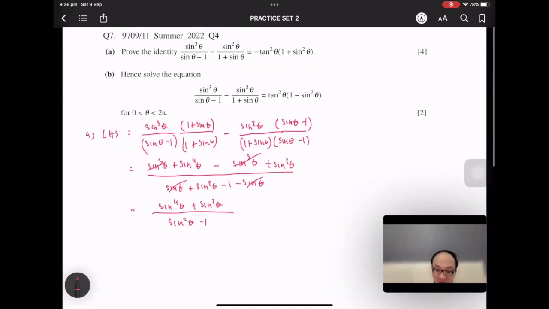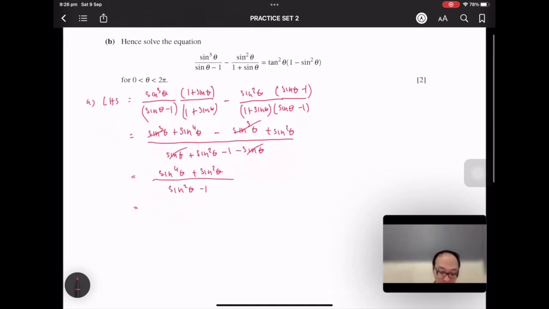So from here I can factorize the sine square theta, sine square theta plus 1, and this one is sine square theta minus 1.